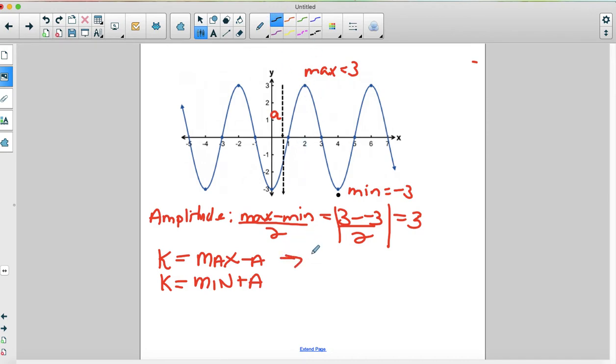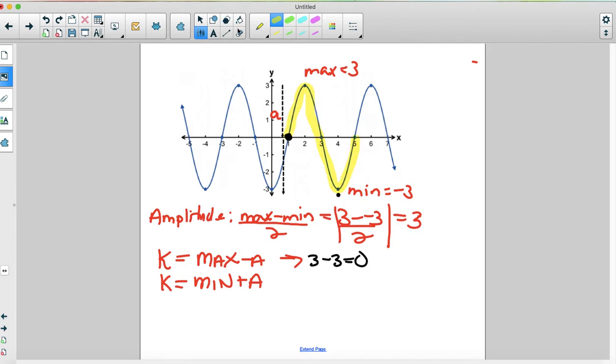So the max minus the amplitude, which is 3, is equal to 0, and that's precisely where our k will be. And it's in the middle of it. So I'll take that version and say, well, let's start from there. And let's highlight the section that I'm going to look at.